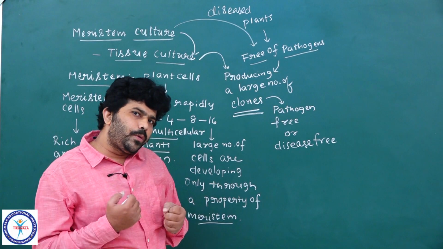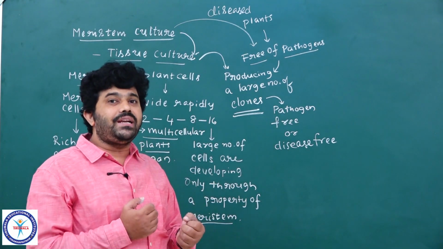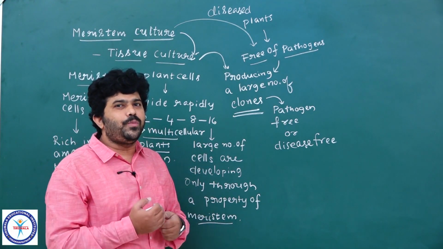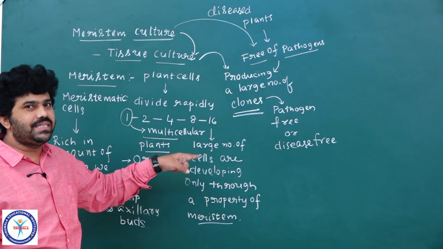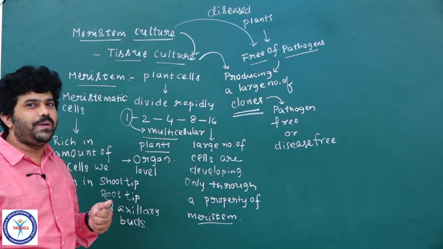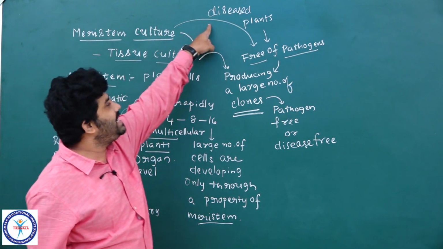Then how are we going to produce plants from the same plant without disease? How do we produce young copies free of diseases and pathogens, with the high yielding quality we expect from the parental plant?